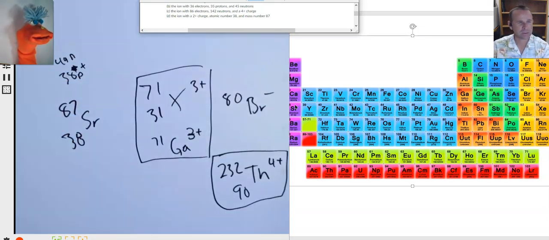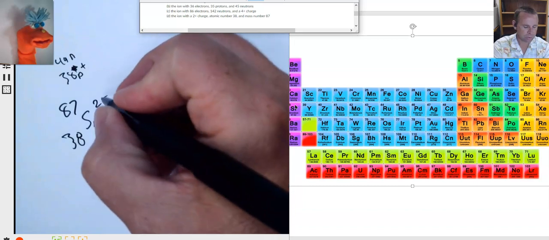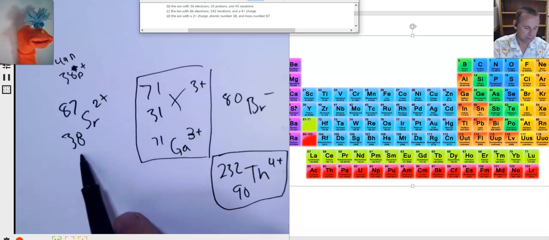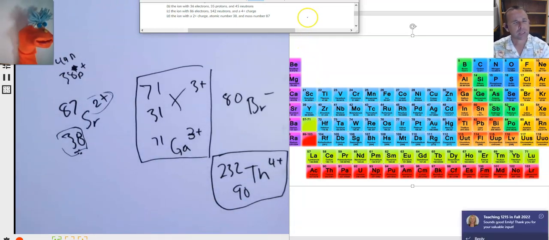How many electrons? There's a +2 charge, so 2 fewer. That's right, 36. So it has 36 electrons, 38 protons, and that's what gives it the +2 charge. Okay, good stuff.